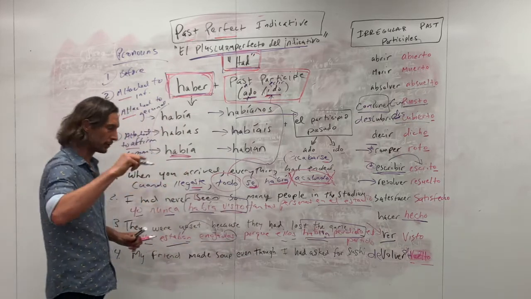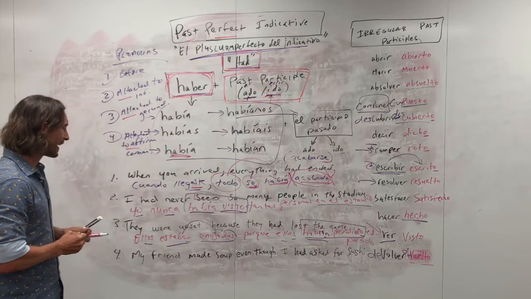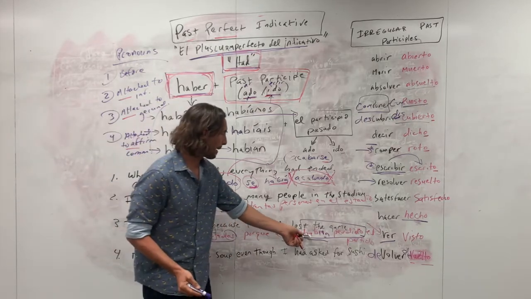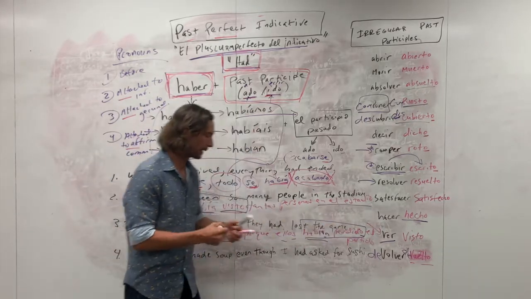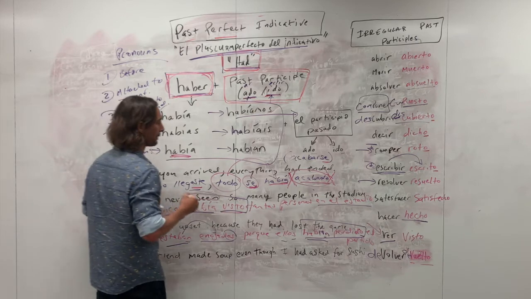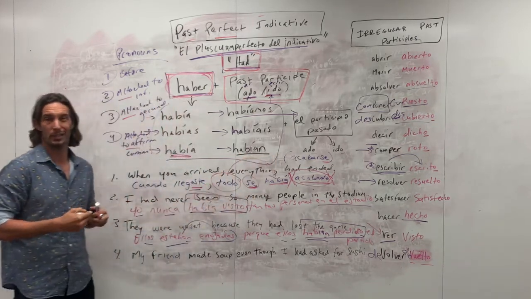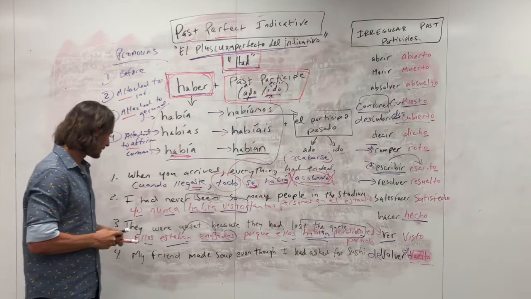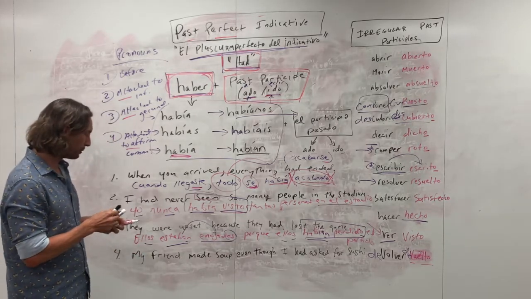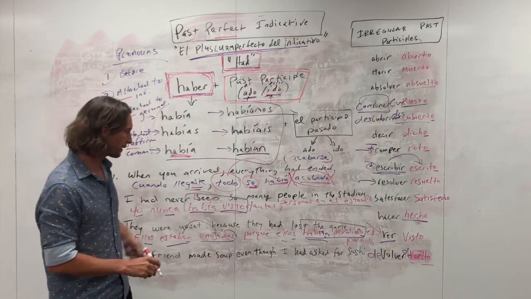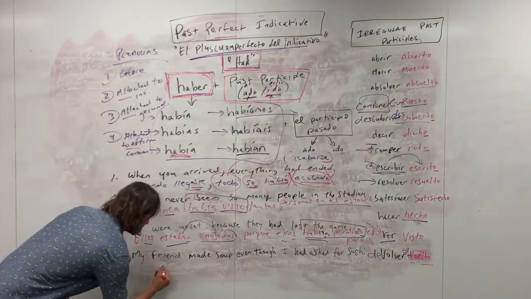So let's look at the full sentence. Ellos estaban enojados because ellos habían perdido el partido. And habían is coming from right here. That's the one I'm using because it's agreeing with ellos. And so lastly, my friend made soup even though I had asked for sushi, right? So let's do this.